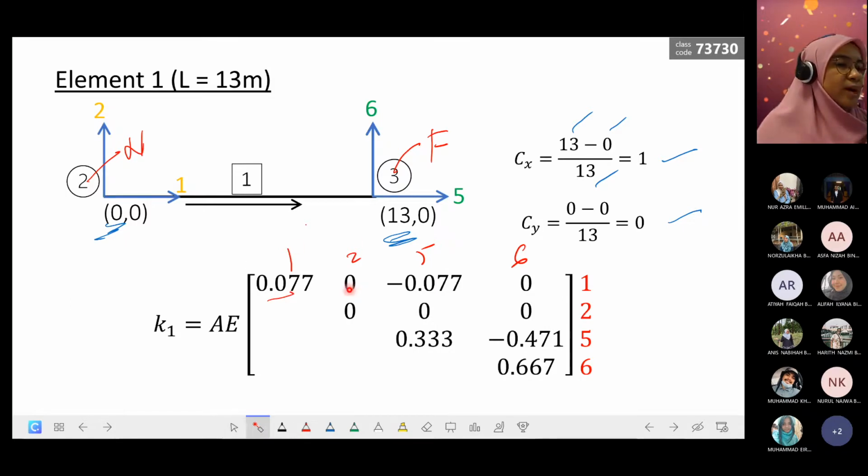This is 1, 1, 1, 2, 1, 5, 1, 6. Then 2, 1, 2, 2, 2, 5, 2, 6. Then 5, 1, 5, 2, 5, 5, 5, 6 and so on.